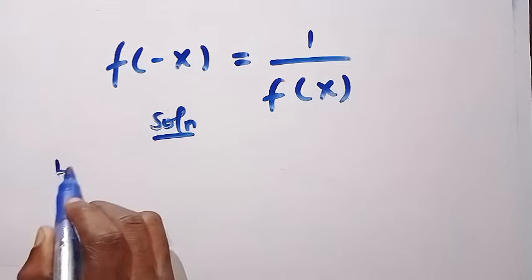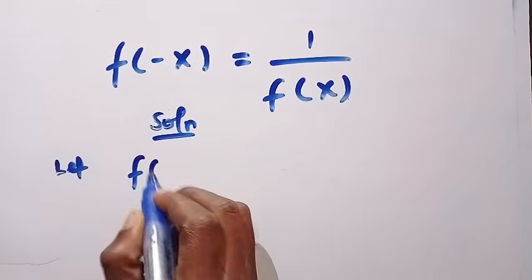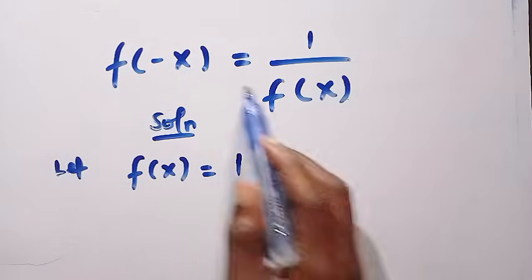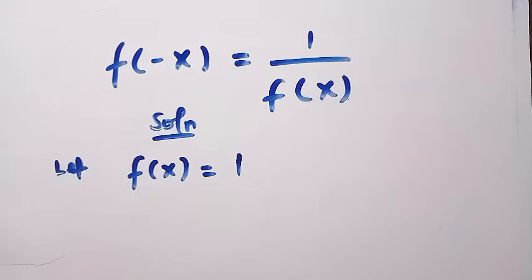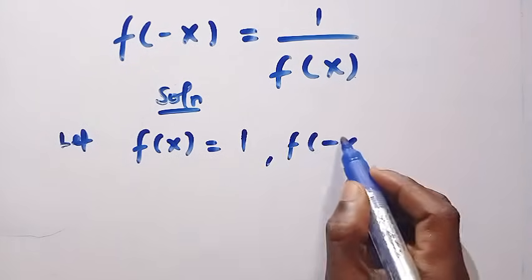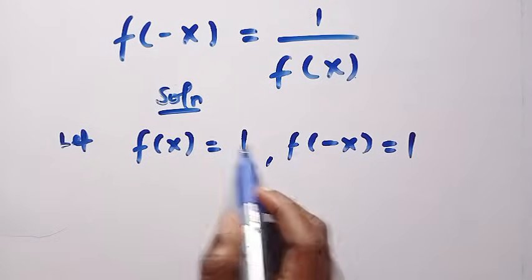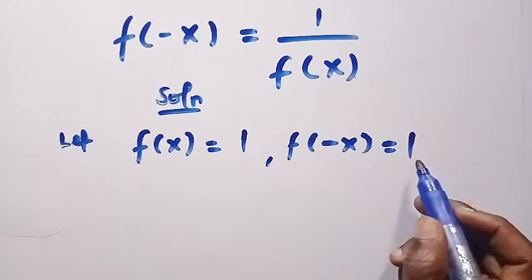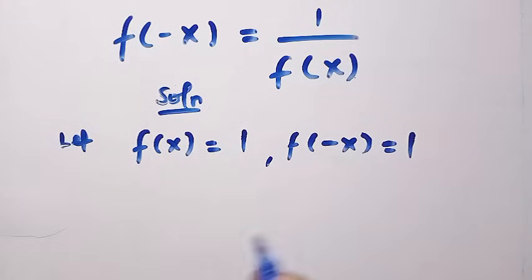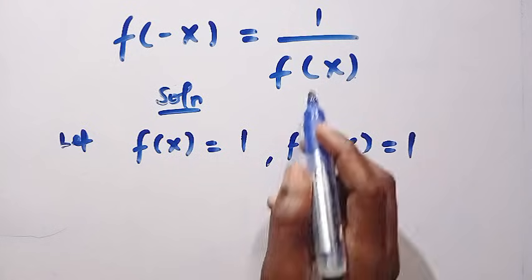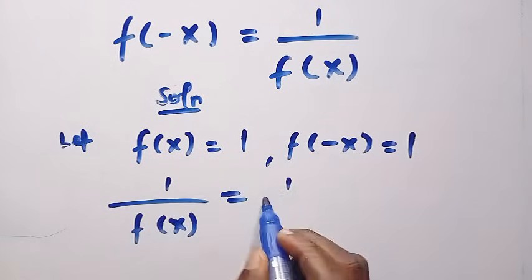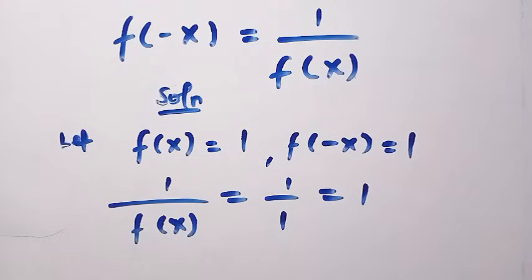Suppose I assume f of x to be equal to 1. Based on these conditions, if you look for f of minus x as well, it equals 1 because this is just a constant. So no x, we are plugging in these values. f of x is 1, definitely f of minus x is also 1. And if you check 1 divided by f of x, which is 1 divided by 1, it equals 1.